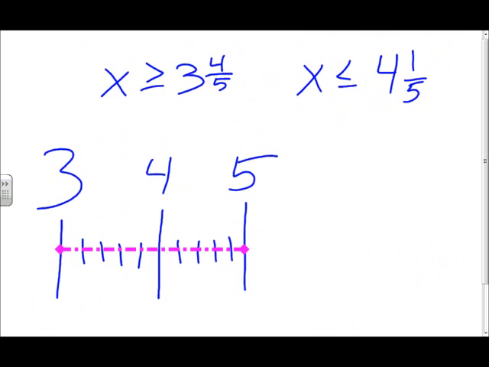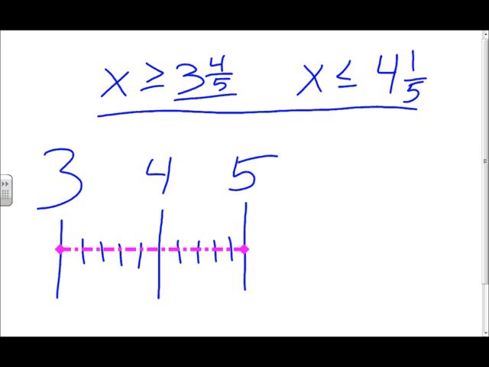And now to graph that, as you can see up here, it's the same exact thing, except both of them are flipped backwards so that the x is on the left side. And so now what you do here is you want to graph both of them at the same time, since it's from the same inequality. So first, let's start with 3 4/5.